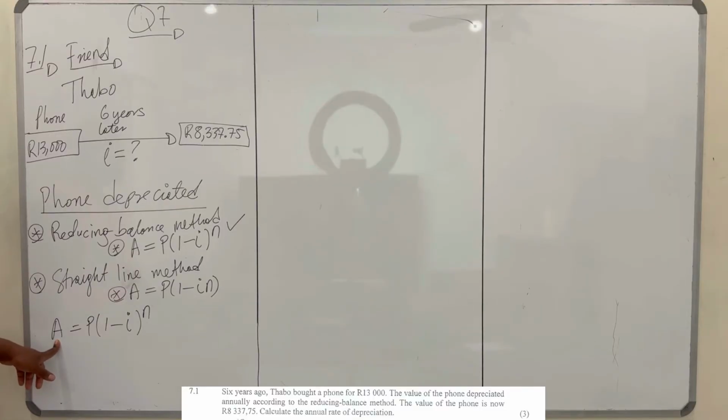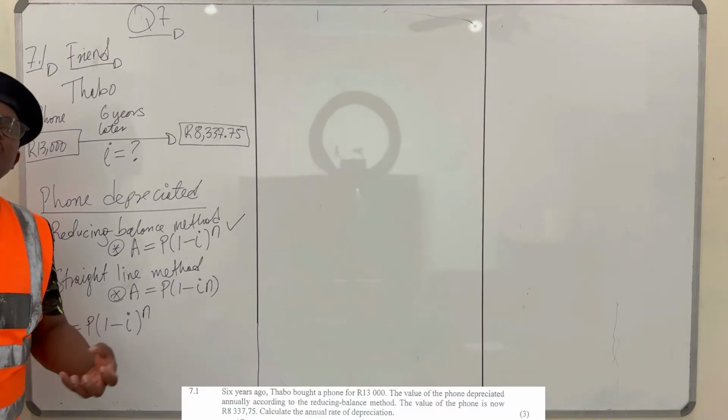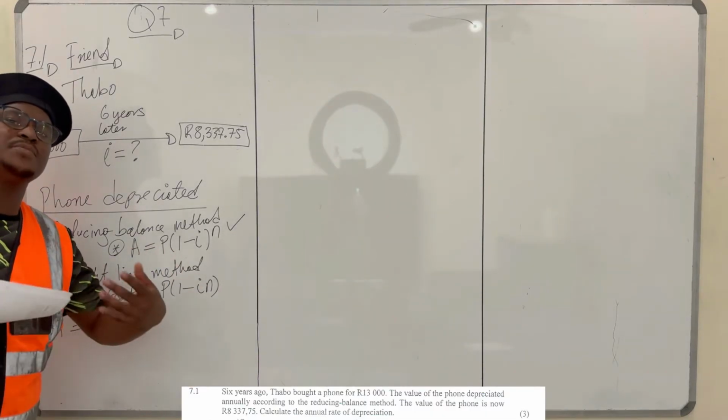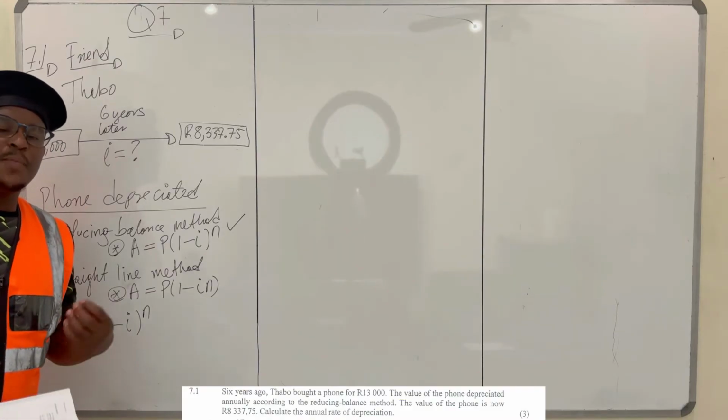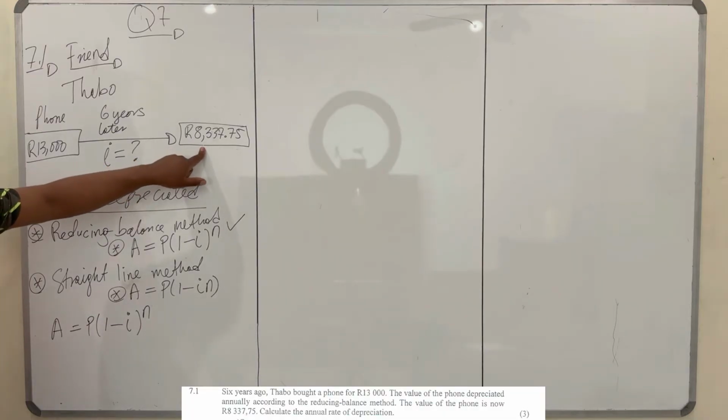You are asking yourself, what is a book value? A book value is the value of an asset after it has depreciated. Or you can say, it's the value of an asset after depreciation has been taken into account. For example, this phone was bought at 13,000 and it depreciated over 6 years at this rate here. And today it's 8,337 rand 75 cents.